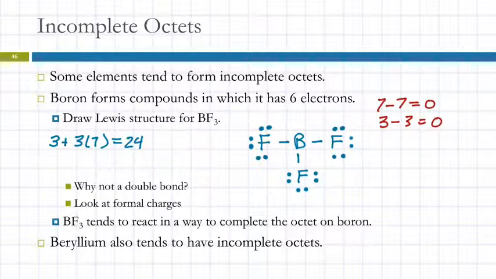So this is violating the octet rule, but it's a stable molecule, and this is what it does. It does not have resonance or any double bonds. This molecule will tend to react in a way that will complete that octet, but it will be fine as it is. Beryllium also tends to have incomplete octets, and beryllium's kind of a funny one because beryllium technically is an alkaline earth metal, right?